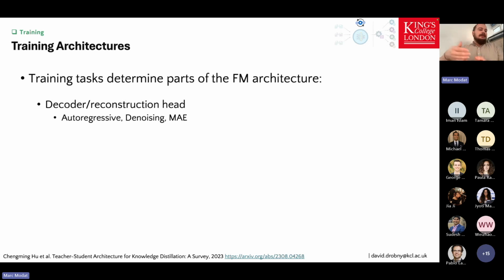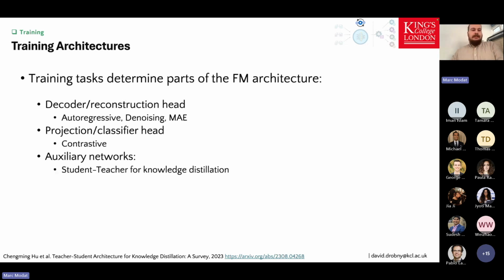So if we do something autoregressive or denoising, we need the decoder part to be able to compare input and output. If we do this kind of contrastive learning, we need to be able to classify our data. Or other concepts might even use complete auxiliary networks. So for example, for a student-teacher kind of setup, we have potentially multiple networks that interact.